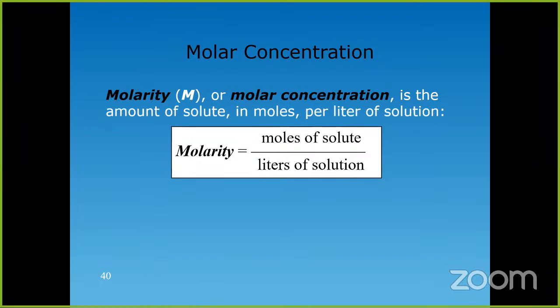The most common way of expressing the concentration is what you see here on the screen. It's molarity. And this is the definition of molarity given right here. Mathematically speaking, it's moles of solute divided by the volume of the solution in liters, all right?